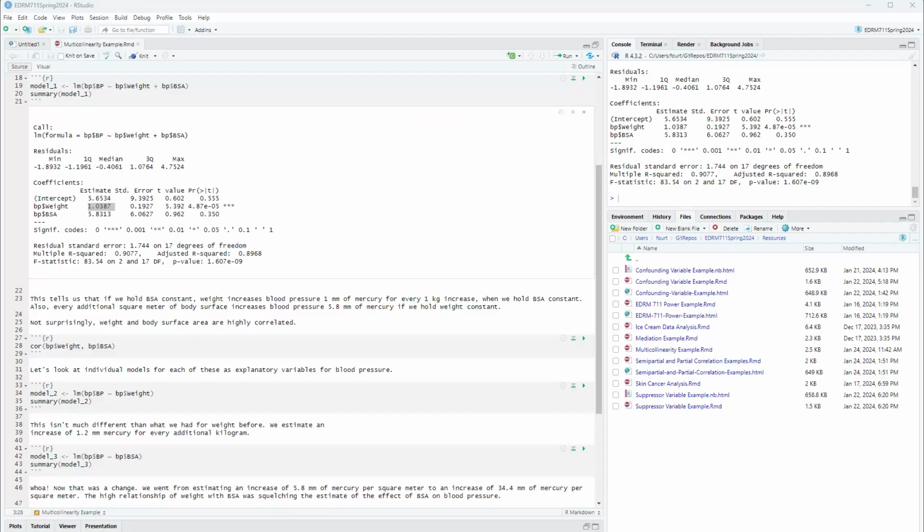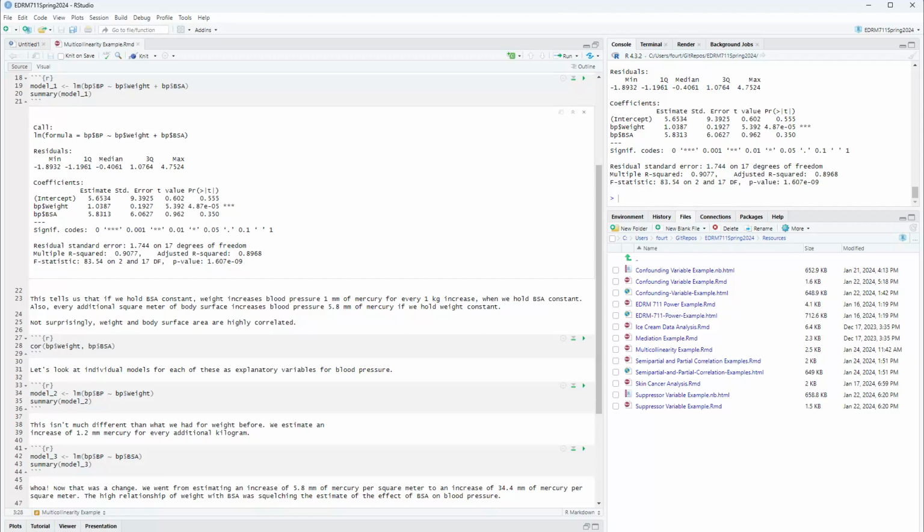So going back to the notebook here, we see that if we remove the effects of body surface area, with weight we get an increase of 1 millimeter of mercury for every kilogram that we increase the weight.